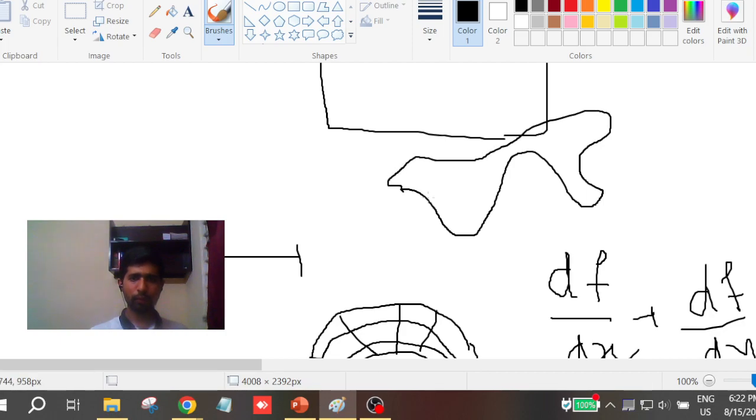If you want to generate a grid around this geometry, you cannot generate a proper curvilinear grid. There will be too much deformation of the grid. It becomes very skewed here.